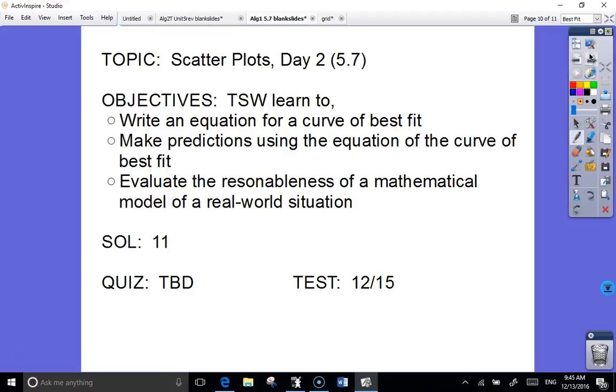And where do you put the y's? L2. How do you look at the data? You have to hit second y equals 1 to make sure the plotting of points is turned on, and then zoom 9. How do you make the equation? You have to hit stat, calc, 4. Okay, that's it.